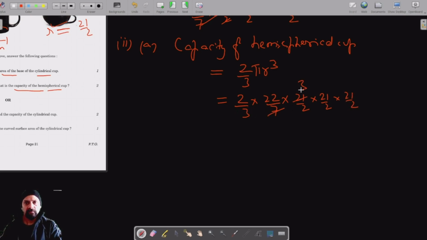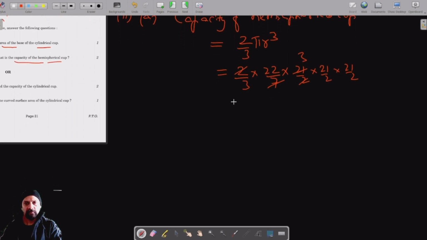So this is 7 threes are 21, 2 and 2 get cancelled, and now we have to multiply. It's 22 into 3 into 21 into 21, and 3 and 3 get cancelled. So now it is 22 into 21 into 21.